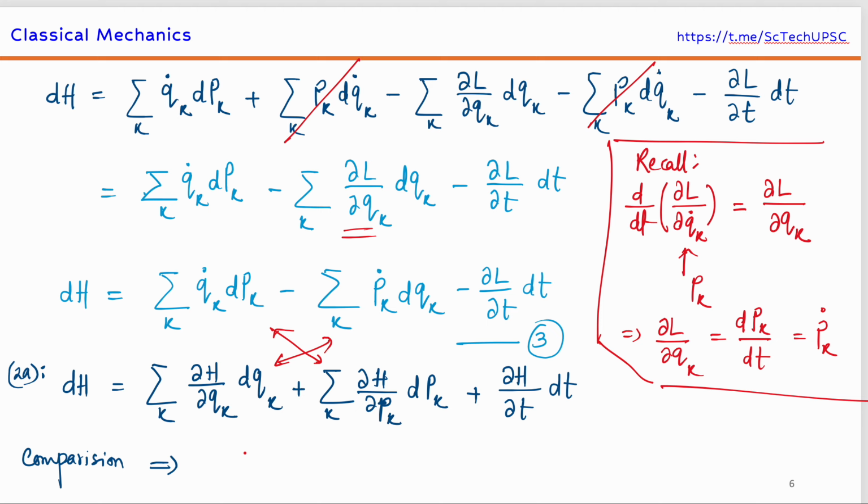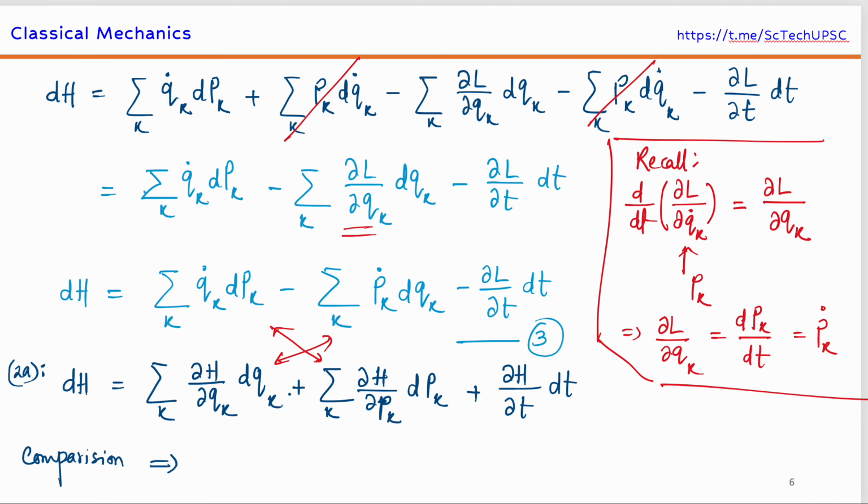Okay, so what we get here, you see, from this first, qk dot is equal to del H over del pk, and from the second one we have negative pk dot is equal to del H over del qk.